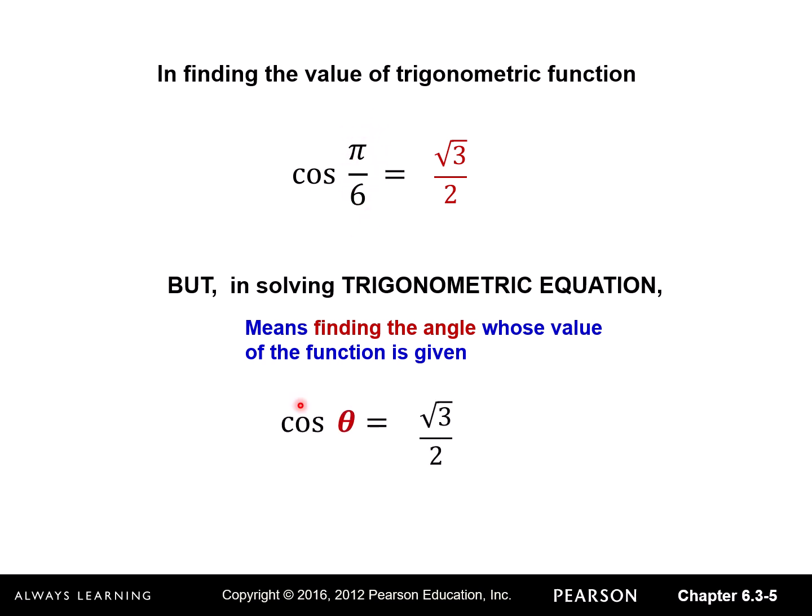For example, cosine theta is equal to square root of 3 over 2. So what is theta? This is solving a trigonometric equation. To solve for theta, we know that theta is pi over 6. In the calculator, you will press inverse cosine of square root of 3 over 2, and it will give us pi over 6.